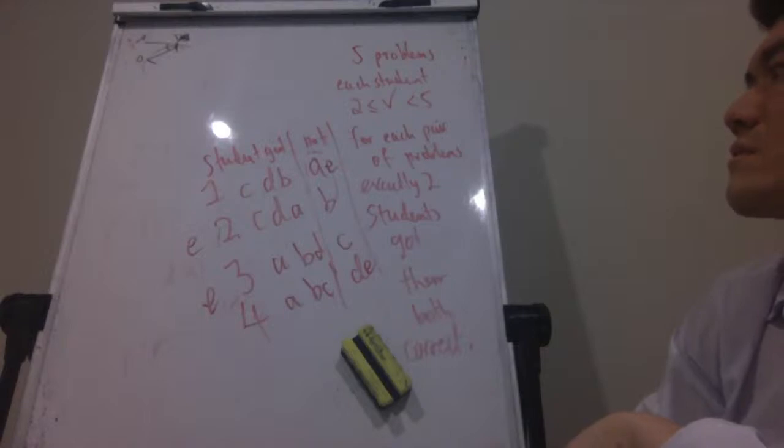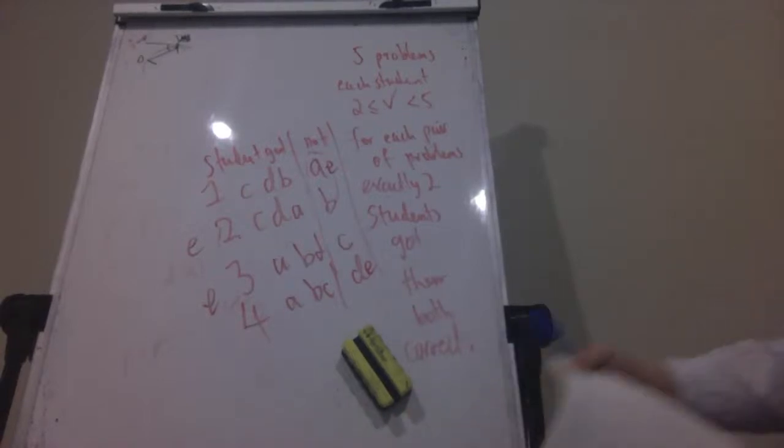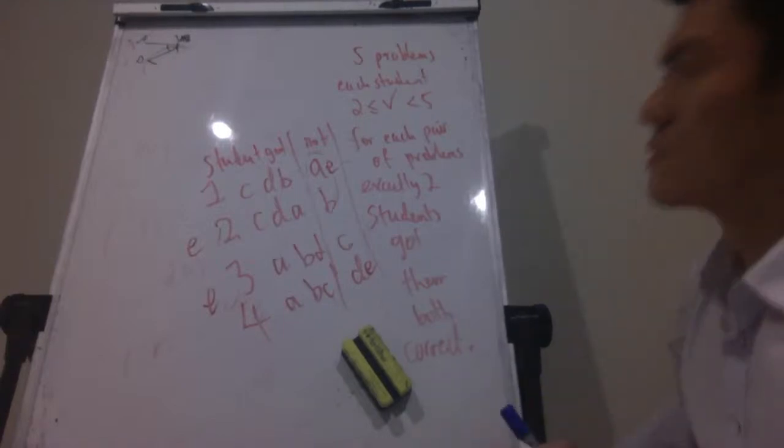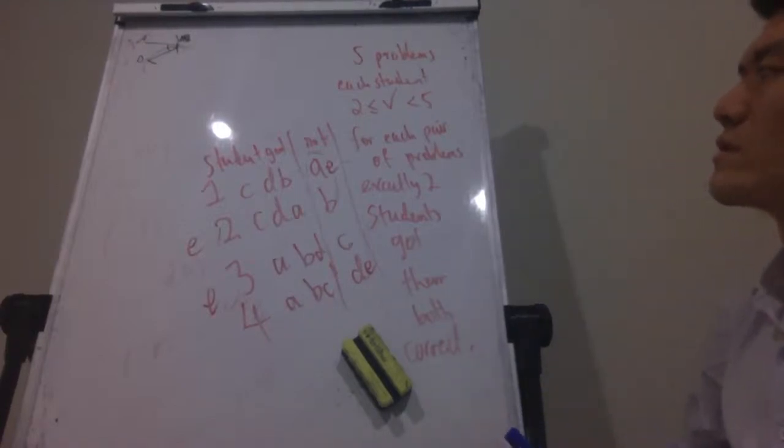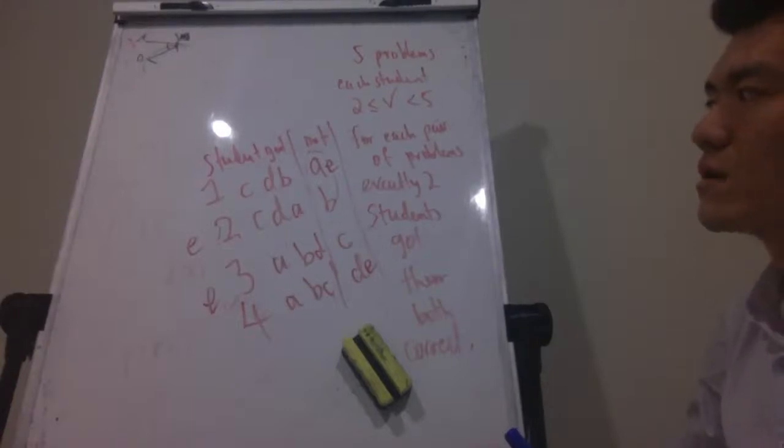Oh, boy. I think the fact that you need exactly 20 pairs... Yeah. So what does that mean? 20 pairs. And the way I wrote it was, if you have a student that has 4 problems, then that would only have 6 pairs. Yeah.